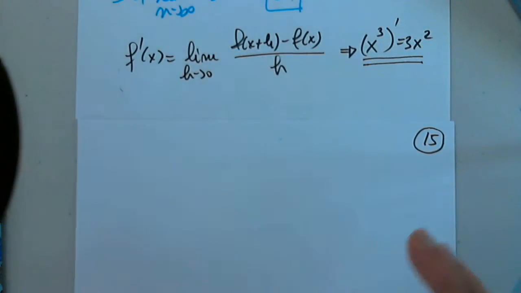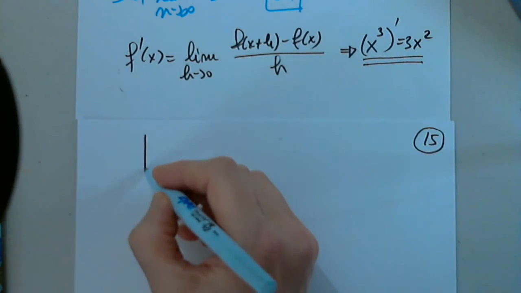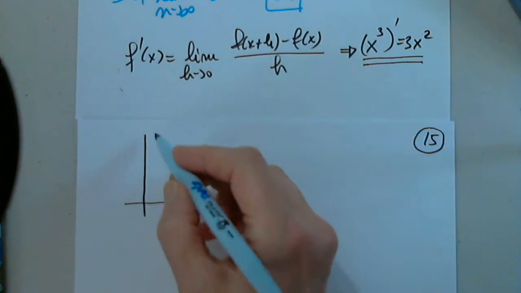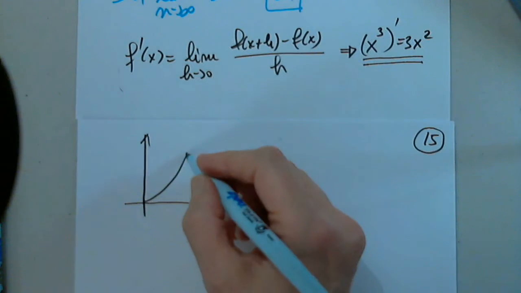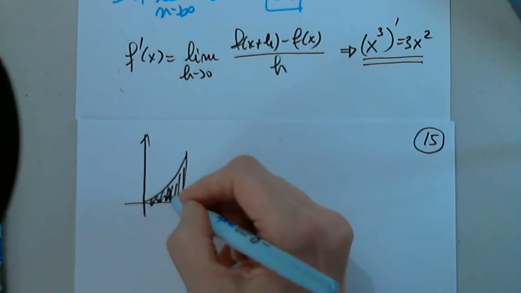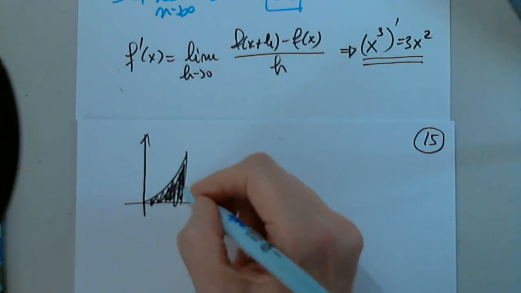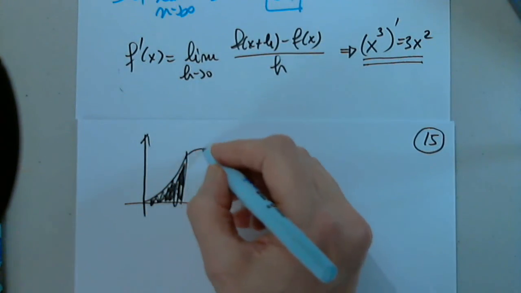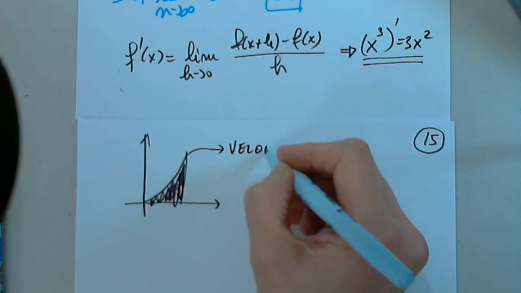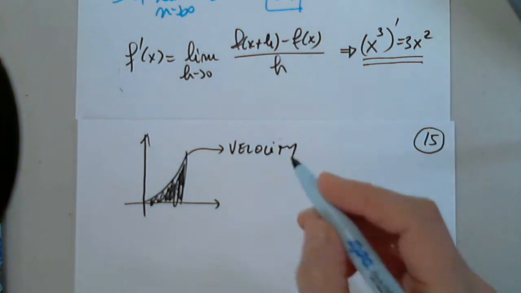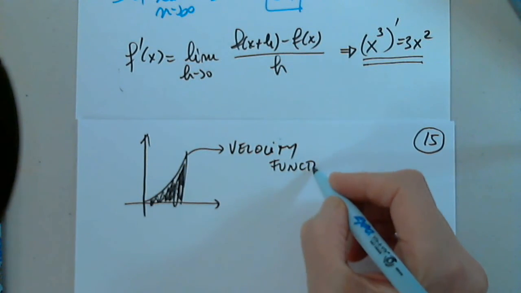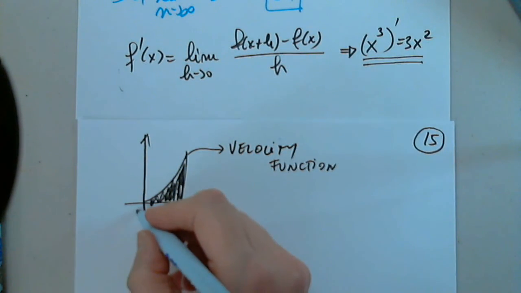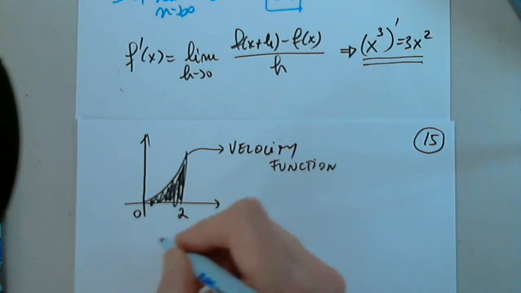Okay, first, why the area? A few minutes ago, we looked at the area under this graph. Why would I care about the area of this graph? Assuming that this is the velocity function, and time is 0 to, let's say, 2 hours.